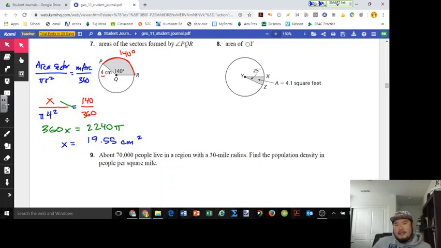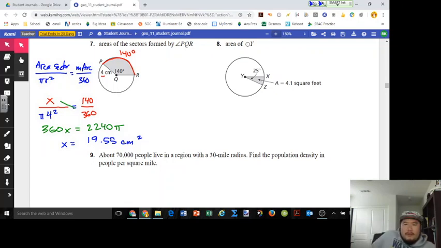On number 8, we have right here, let's find the area of circle Y. Okay, so let's see what they have right here. They gave us the area of a sector this time around.